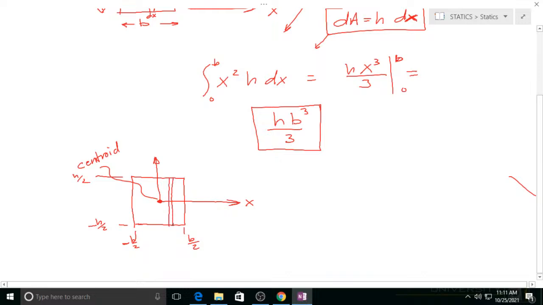You set up your integral as well. And you have the same thing, dA is equal to, still the distance between here and here is h. So you have x squared h dx, but this time you go from minus b over 2. So you're starting here, you're going across to here, b over 2.